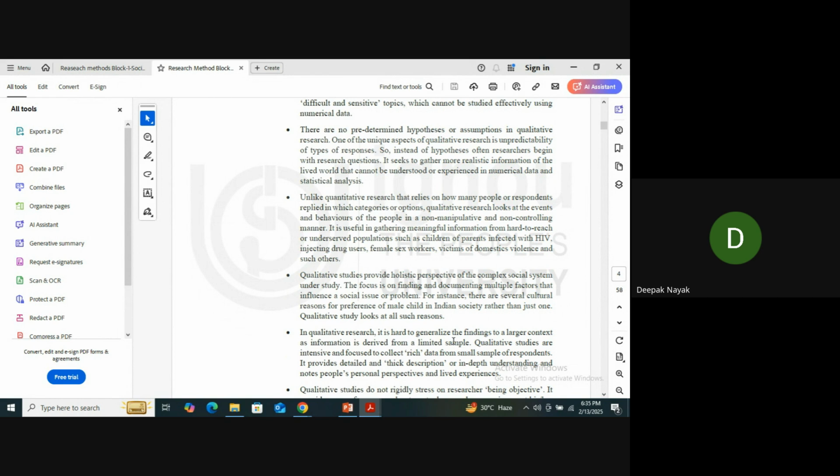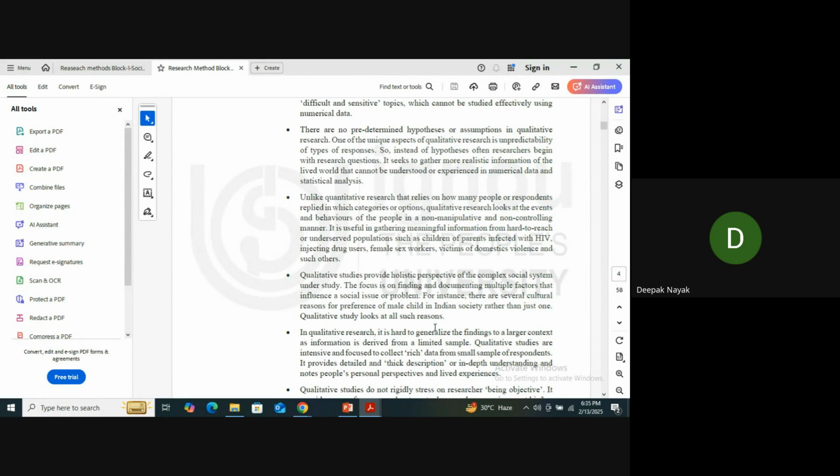Then actually qualitative research provides a holistic approach or holistic perspective to some of the complex problems under study. It tries to understand the 360 degree view of a particular problem, why something happens, what situations are making something happen in the society, what external factors are contributing to those, why certain things are not happening.